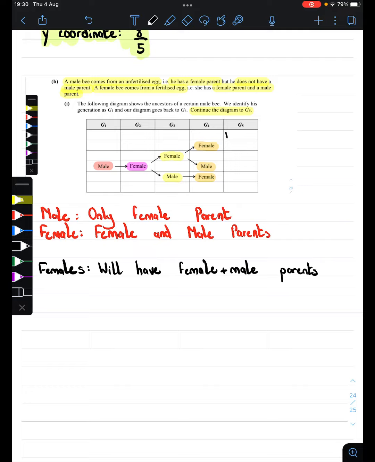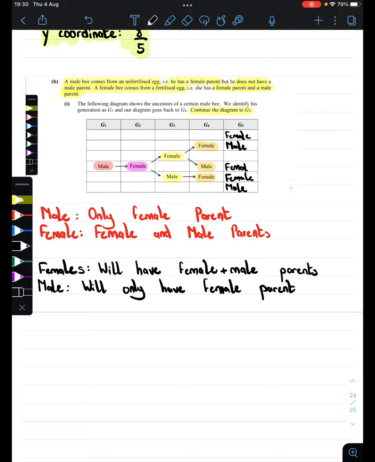So female and male, female and male, and the male in G4 will only have a female parent. So he will only have a female.